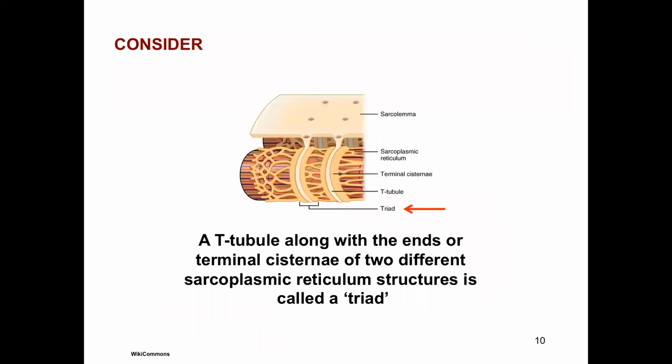So let's have a look again at our triad, right? So here we can see our terminal cisternae of our sarcoplasmic reticulum. You can see our T-tubule. And here you can see, I like this one because you can really see the three-dimensionality of this setup, all right? Now imagine then an action potential or an electrical potential spreading across the muscle cell, and it's coming in here. And there's an interaction here.